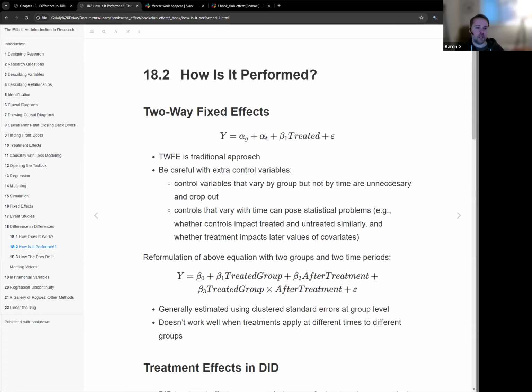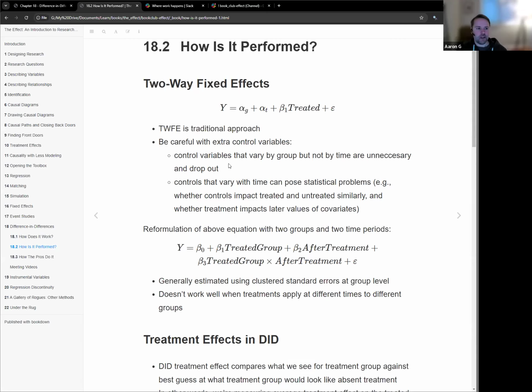Like treated and untreated. Assuming you're really just doing a before and after time, you could have a marker or a dummy variable to say this is post-treatment or pre-treatment. And then this B1 effect would be the treatment effect, the difference in difference effect.